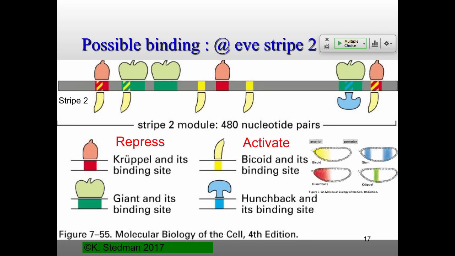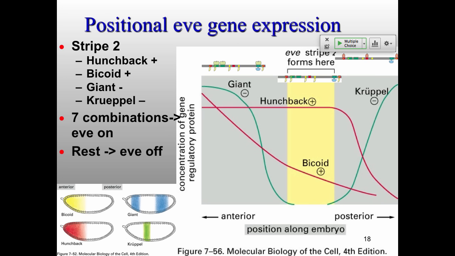Also, what we know is you only will get expression driven by this piece of DNA in the presence of all the activators, but the absence of all of the repressors. So how does that give you a particular stripe? Well, if you remember from here, we've got gradients starting at the anterior end of bicoid and hunchback. These are your activators.